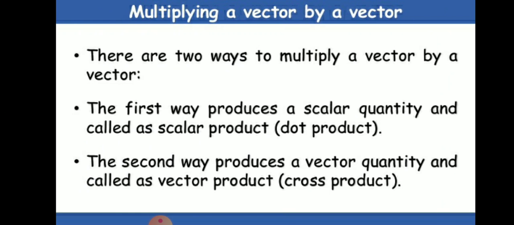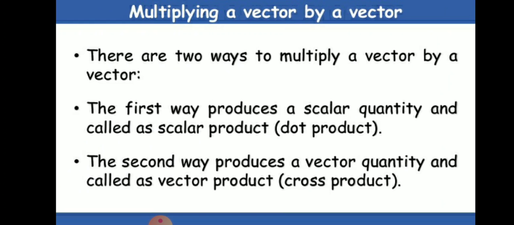Now multiplying a vector by a vector. If we are multiplying a vector by a vector, there are two ways.